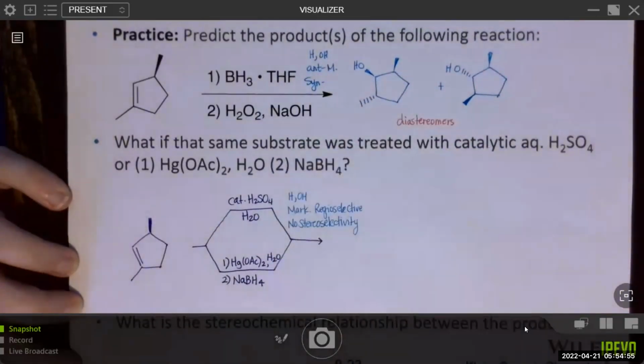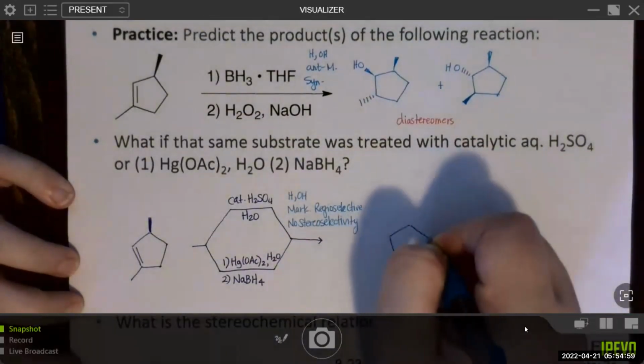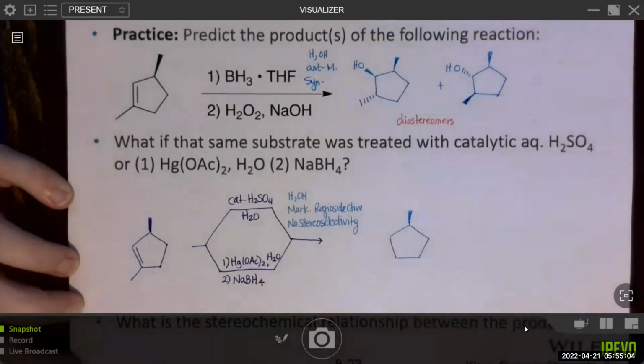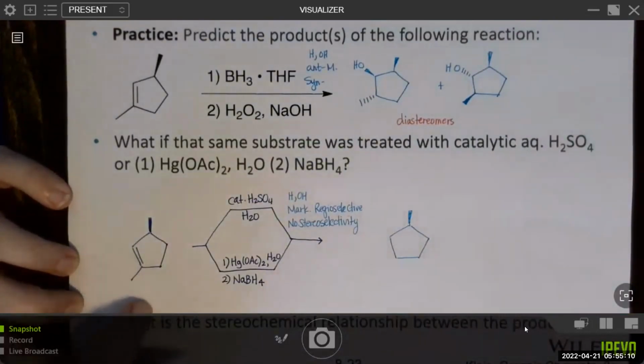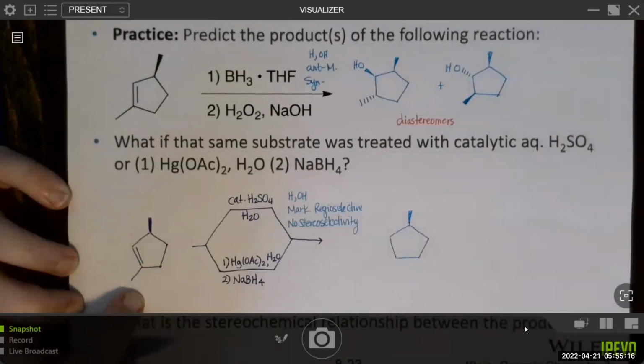Okay, so drawing that out, you're going to have a 5-membered ring here. This will not be touched. And then with Markovnikov, we're going to end up with the OH on the more substituted carbon and the hydrogen here. So this is just going to become a CH2, and then there'll be an OH here, and this will make this a chiral center.